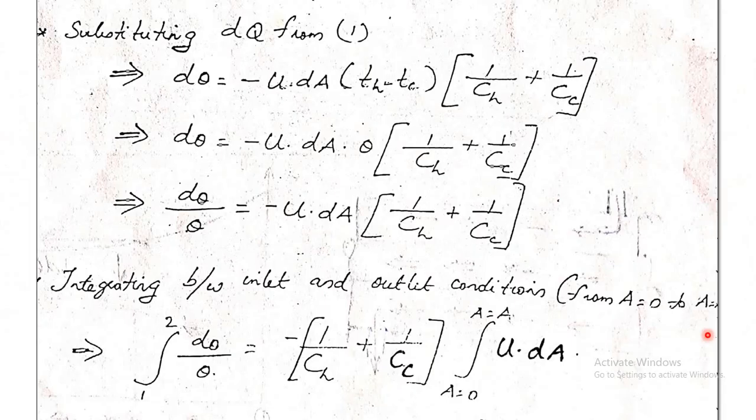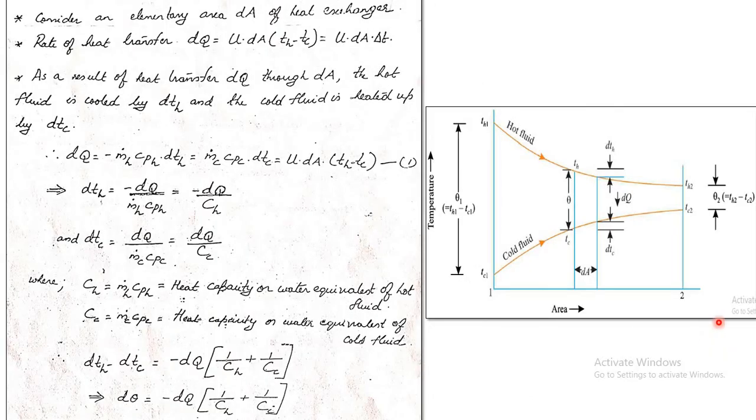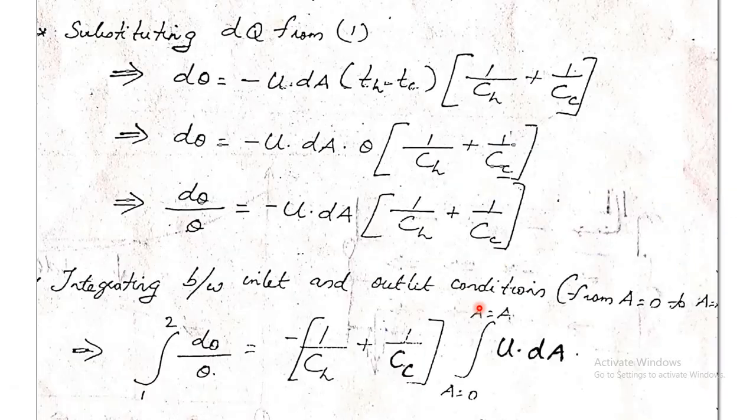In the case of parallel flow also, you can notice that Th1 minus Tc1 is the maximum temperature difference available in a heat exchanger, whether parallel flow or counterflow.